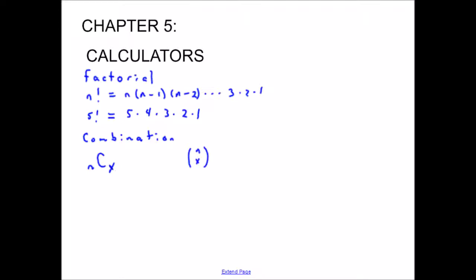I will use this one down over here. That's the form I'll use because that's what your calculator looks like. Chapter 4 also has permutations, nPx.